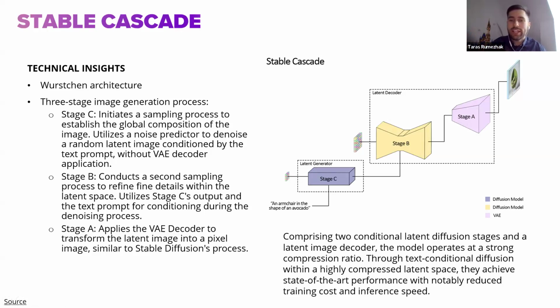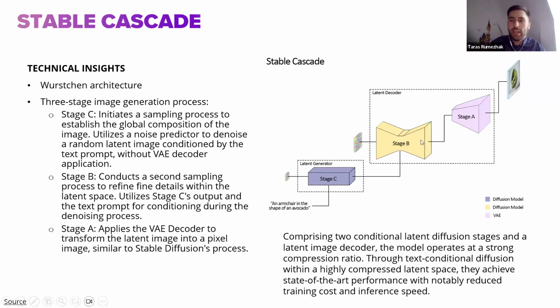So actually, the idea between Stable Diffusion and Stable Cascade is that in Stable Diffusion, we have one compressing stage, and here we have 2 compression stages. So the compression is higher. That's why it's simpler to operate in latent space.